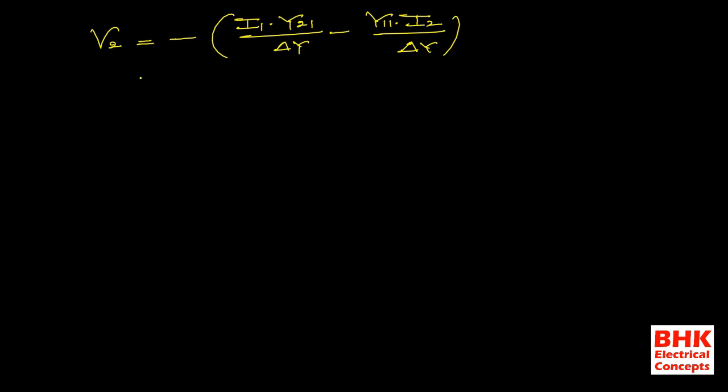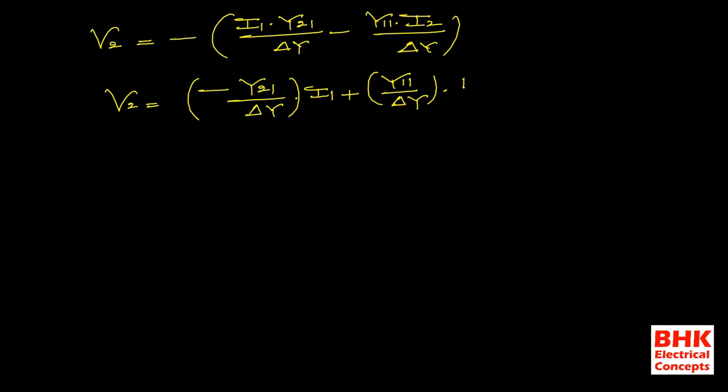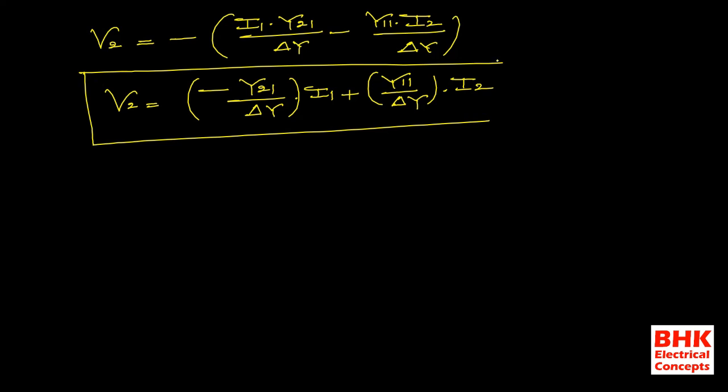Now multiply with this minus for both terms, you get v2 is equal to minus y21 divided by delta y into I1, next this is plus y11 divided by delta y into I2. So this is the final expression of v2.